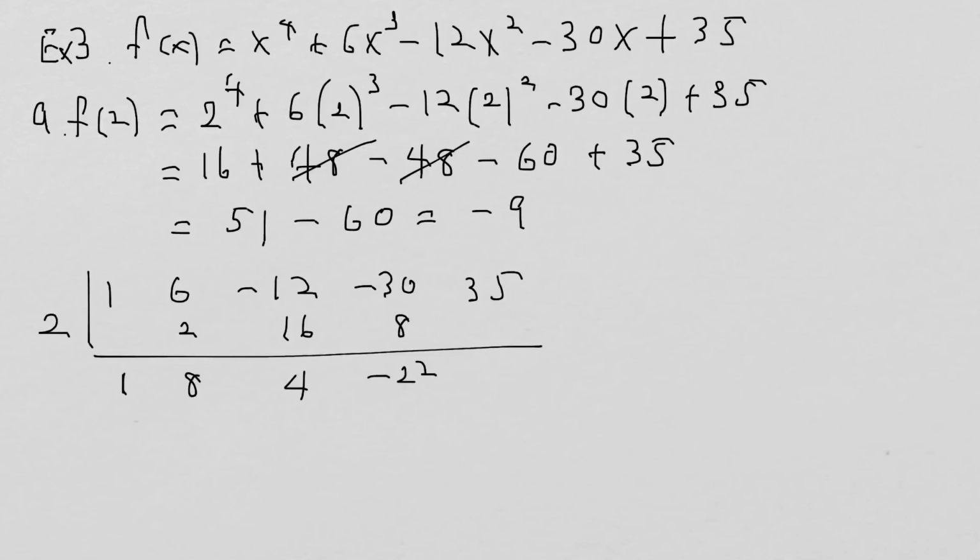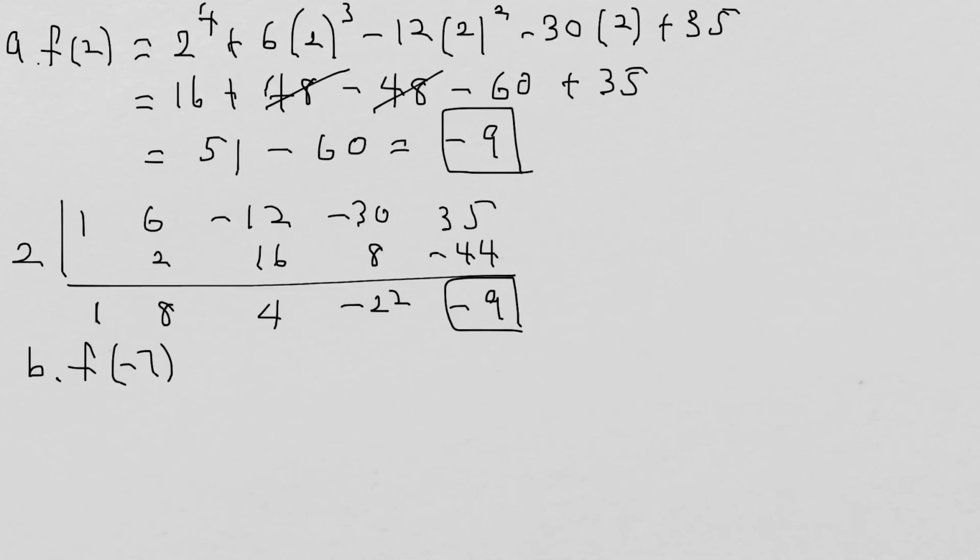And you multiply by 2, you get negative 44. And when you add these two numbers, you get negative 9. So this number is the same as that number. So in order to evaluate, you can replace x with the value, but you can also use synthetic division like I did in the second part, right?